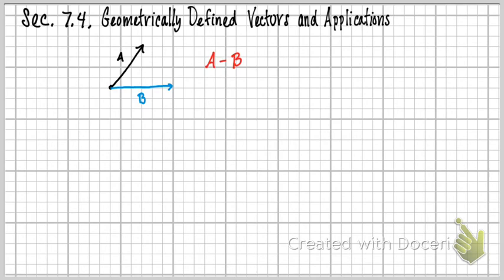Now let's talk about A minus B. The way I look at this is really A plus a negative B. So essentially all I do is I take B and I go in the other direction. 1, 2, 3, 4, 5, 6. So it should be about that long.